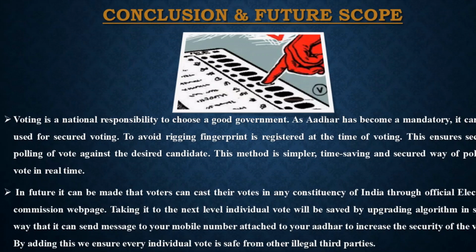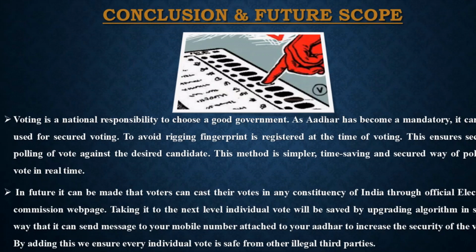In future, it can be made that voters can cast their vote in any constituency of India through the official Election Commission web page. Taking it to the next level, individual vote will be saved by upgrading the algorithm in such a way that it can send a message to your mobile number that is linked to your Aadhar, which increases the security of vote.